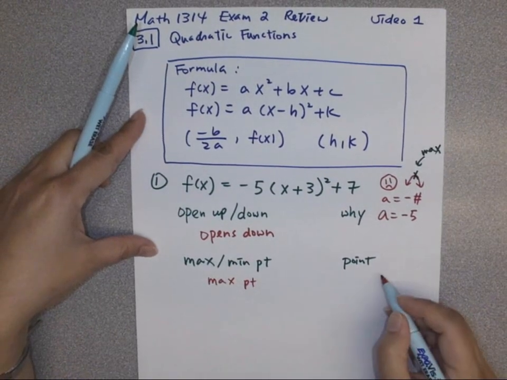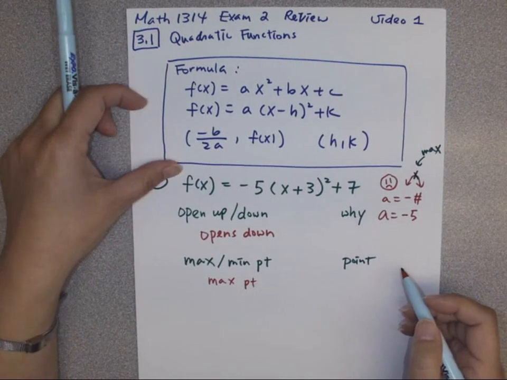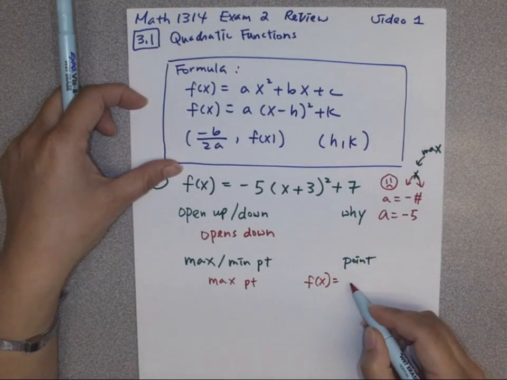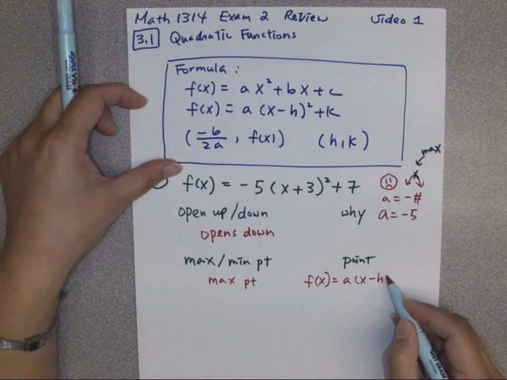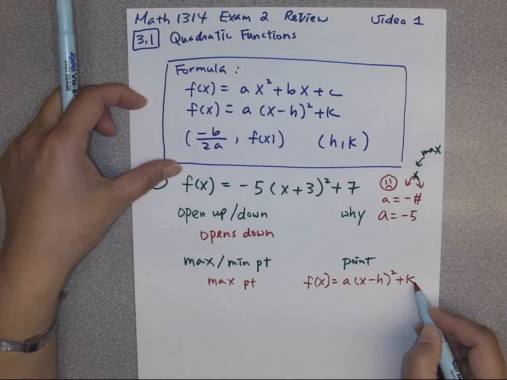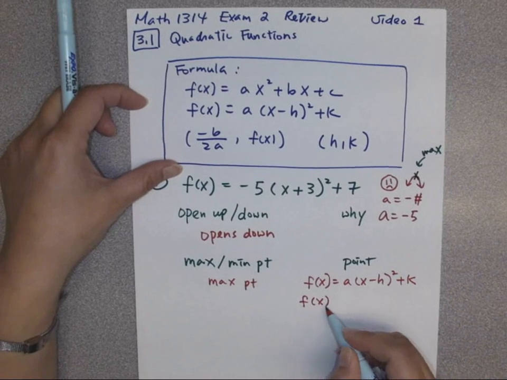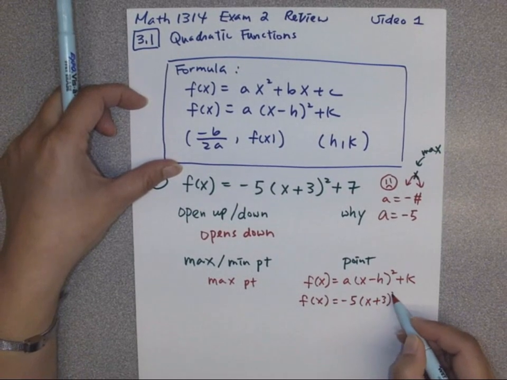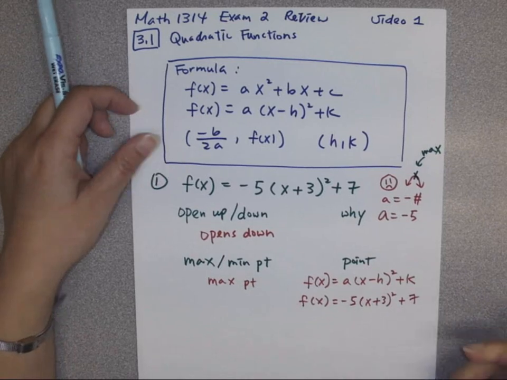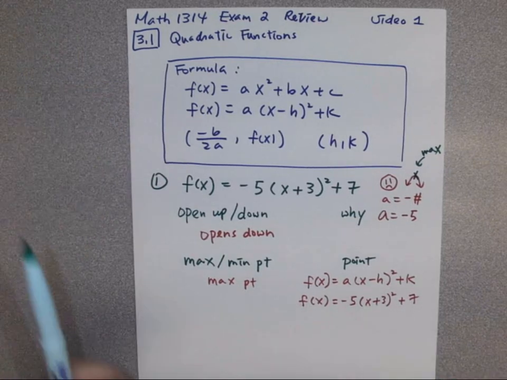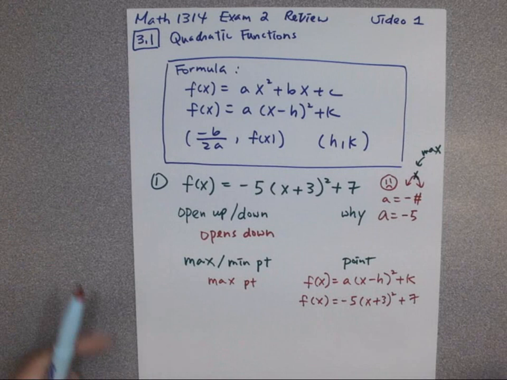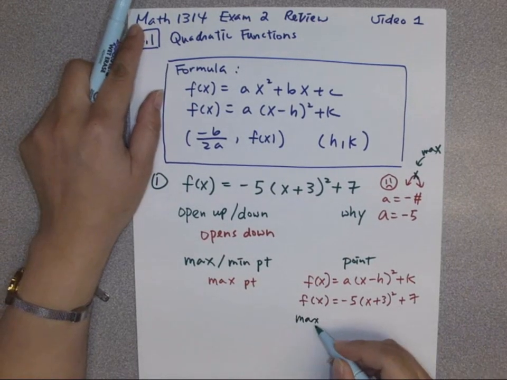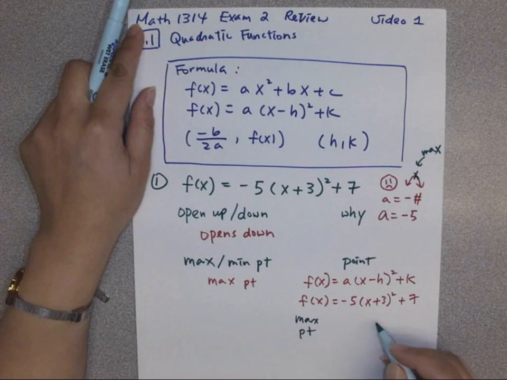And to find the maximum point, because I asked you to show me some steps, you can say the standard form looks like this: a(x minus h) squared plus k. And then my function is negative 5 times (x plus 3) squared plus 7, right? So the vertex, or the maximum point, is going to be h and k.